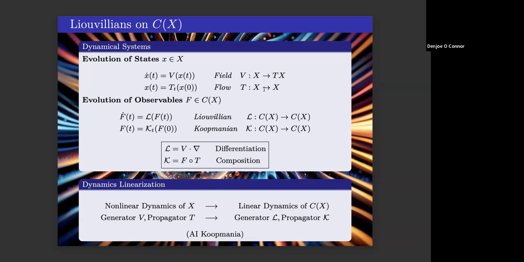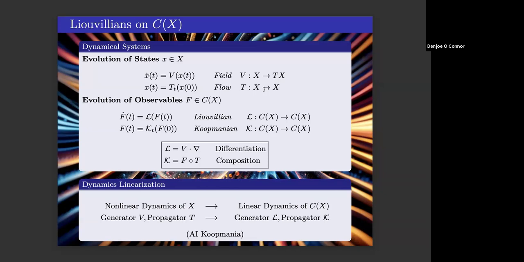And the point is that algebraically, the Liouvillian is a differentiation operator. So it's basically just the inner product of V and nabla, and the composition operator for the Koopmanian, because what the Koopmanian does is it takes the function at some starting point, and now you want to know how the function has evolved at a later time.